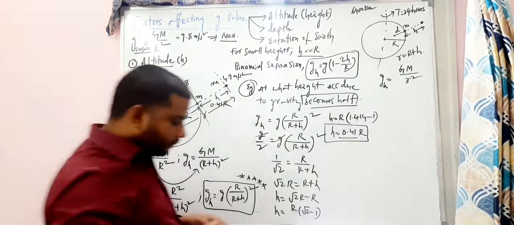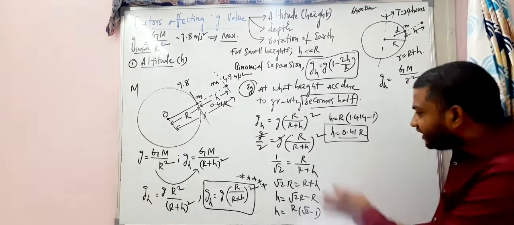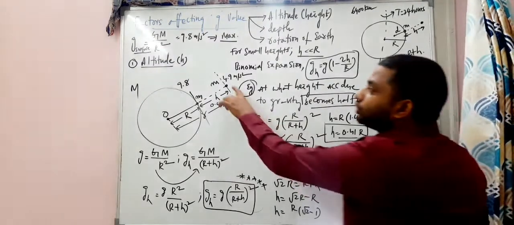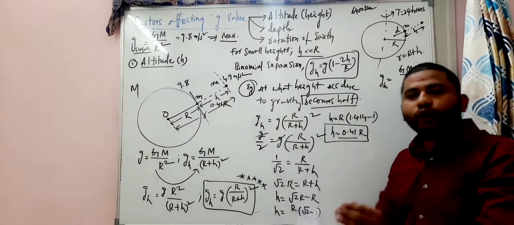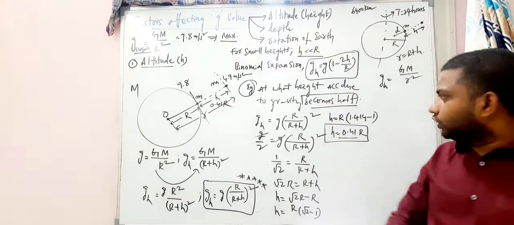I hope you understand the point. At this height, 0.41 times capital R, acceleration due to gravity is becoming half. 9.8 becomes 4.9. Right? Another type of question.